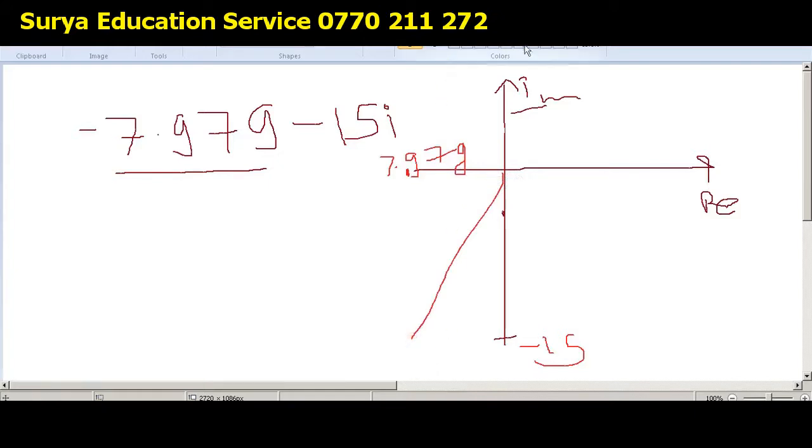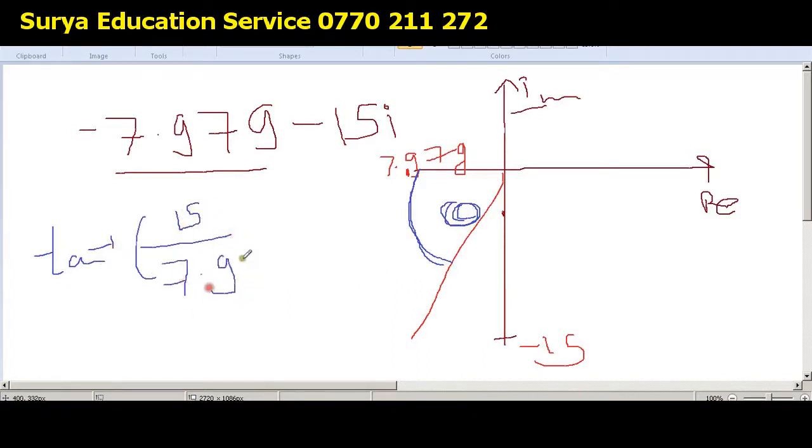So now you know the magnitude would be somewhere like this. This magnitude will make an angle theta measured from the horizontal, like this. This acute angle theta you can calculate by tan inverse of 15, the y component, divided by the x component, 7.979.